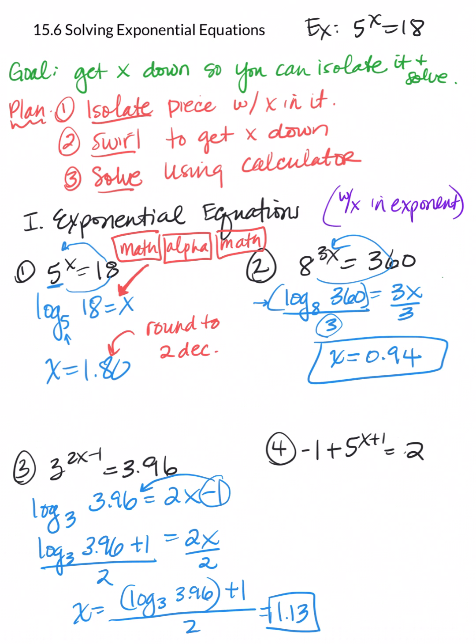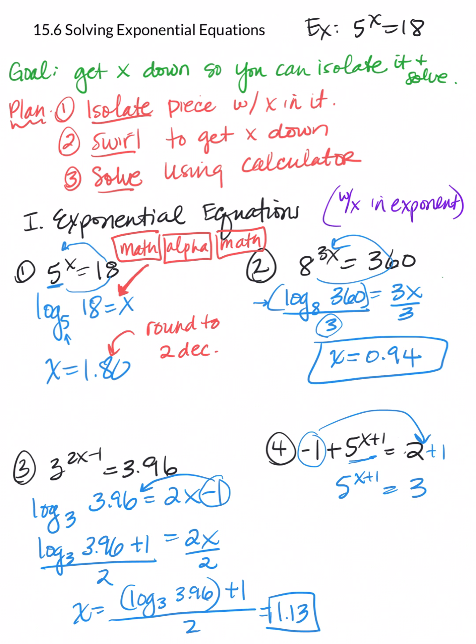Now let's look at number 4. This one has negative 1 plus 5 to the x plus 1 power equals 2. Now we need to move the negative 1 over here because we're trying to get the exponent piece alone. So I'm going to add 1 over here. So I'll have 5 to the x plus 1 equals 3.